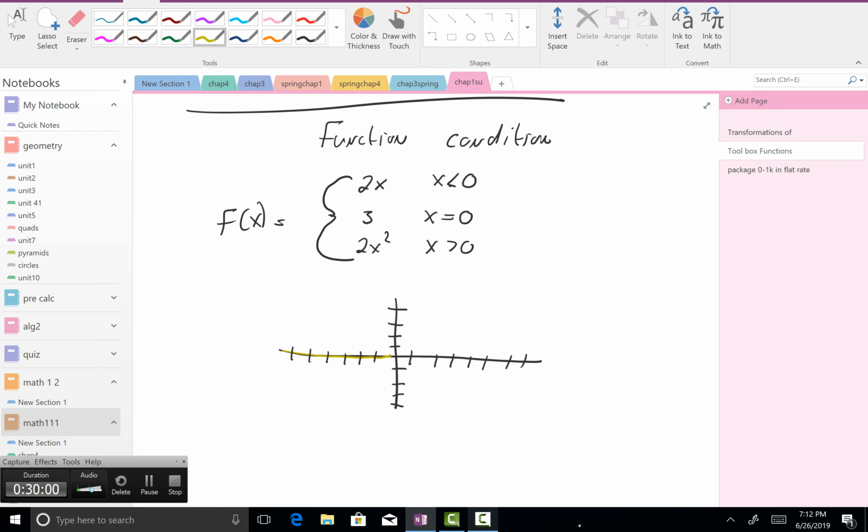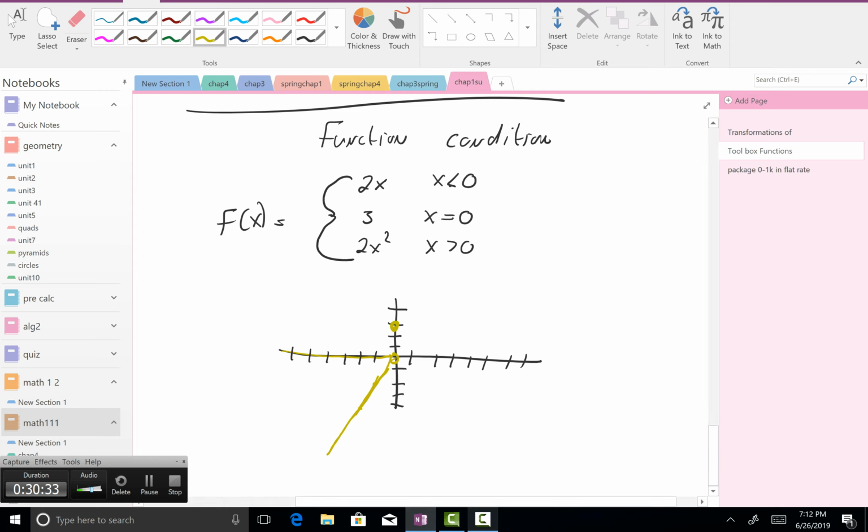What's happening when x is greater than 0? Then the condition says I do 2x squared. So 1 squared is 1 times 2 is 2. 2 squared is 4, so that's going to be 8. So it's going to be way up here. I'm going to get this sort of parabolic looking thing, with an open dot at 3.